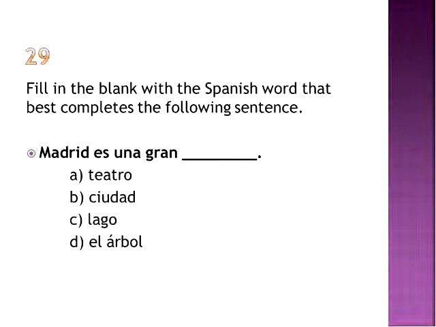Madrid es una gran. Okay, so if you recognize Madrid, that's the capital of Spain. And is Madrid a teatro, a theater, a ciudad, a city, a lago, a lake, or el árbol?